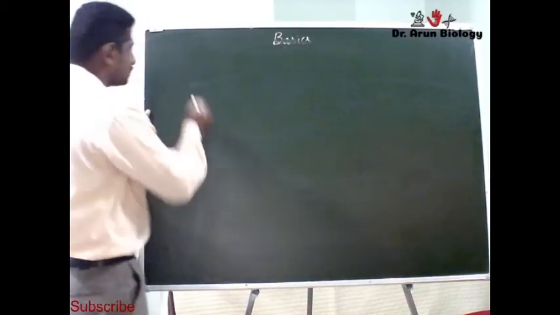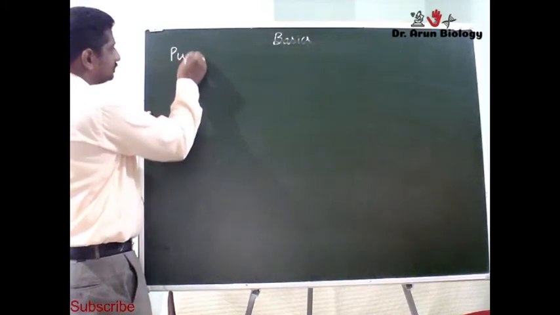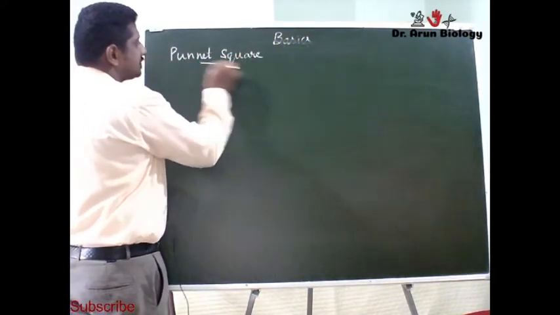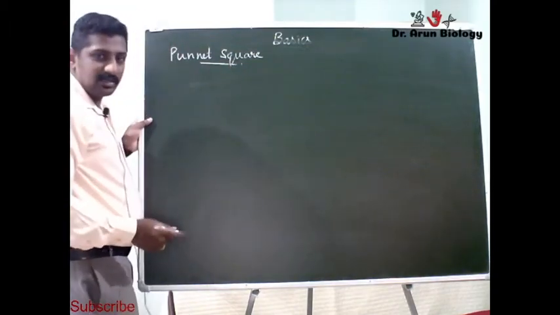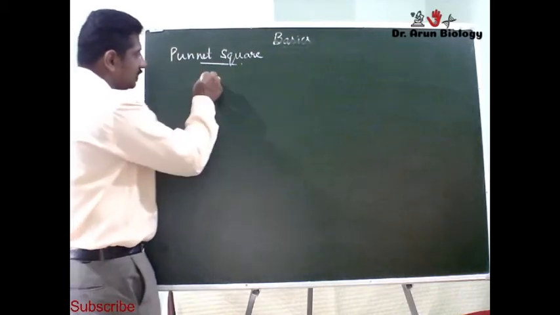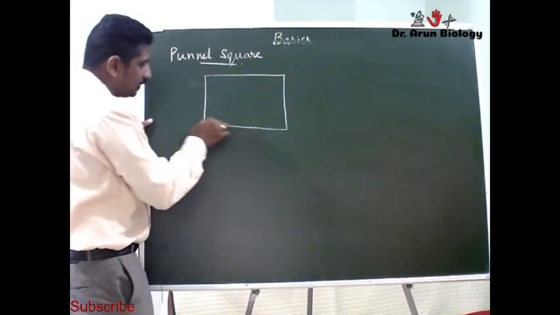Next, we are going to talk something about Punnett Square. So what is Punnett Square? It is a probability square to find the zygotes of the cross. Here is how to perform a Punnett Square.